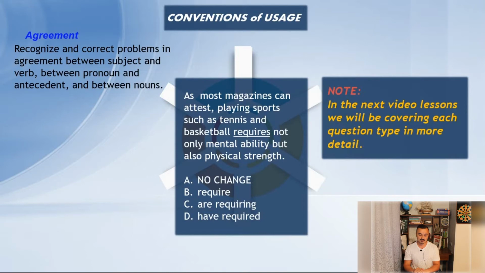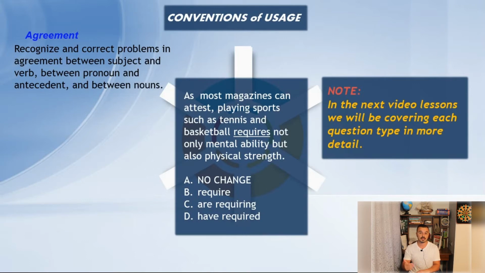As most magazines can attest, playing sports such as tennis and basketball requires not only mental ability but also physical strength. In that sentence, I have to make sure that my subject and verb agree in number. To do so, first of all, I have to find my subject. My subject is playing, and playing is a gerund.